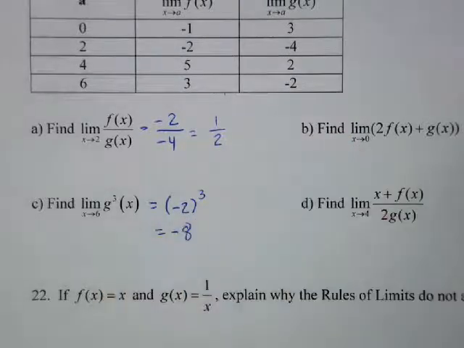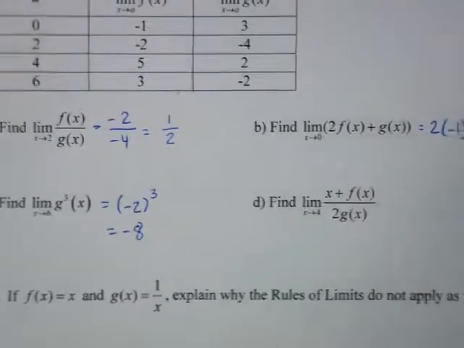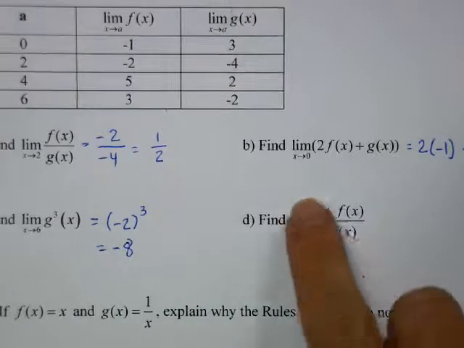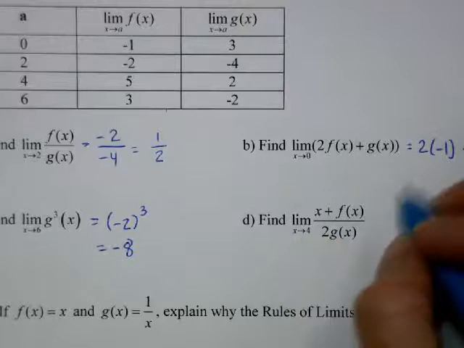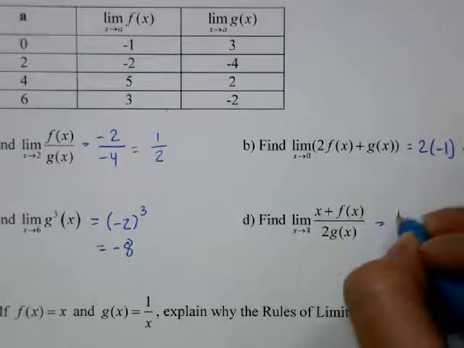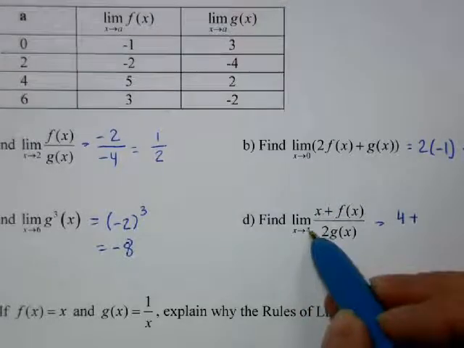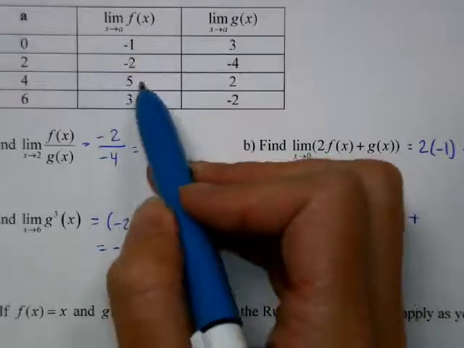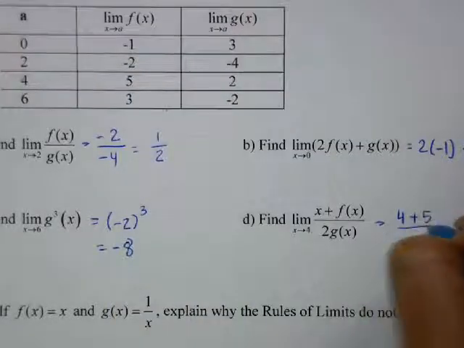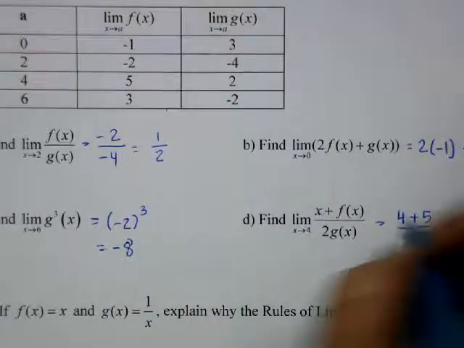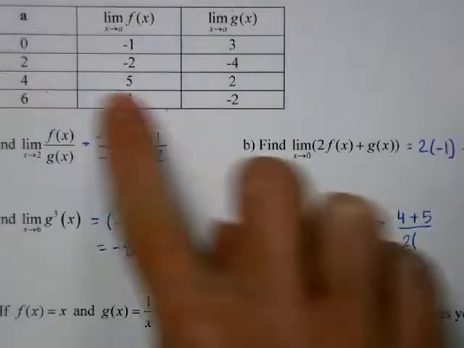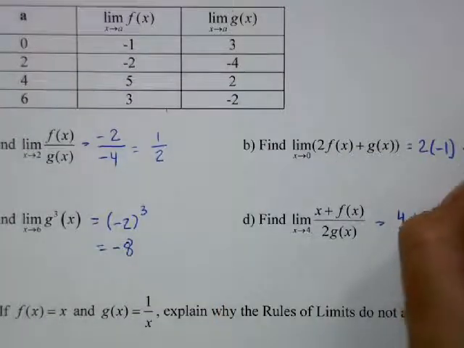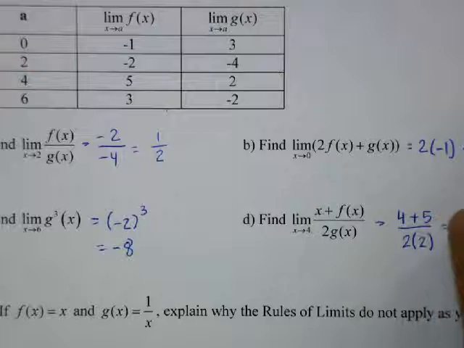And then for this one, as x goes to 4, we're going to plug 4 in for the x, and then the limit as x goes to 4 of f of x, which is 5, and then 2 times the limit of g of x, we have 9 over 4. So just using those properties.